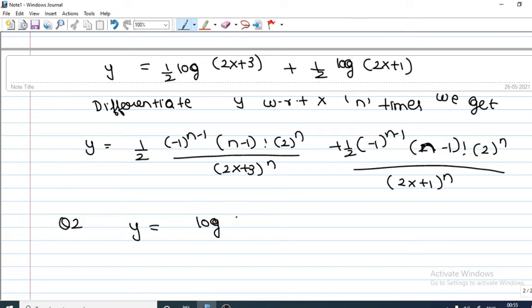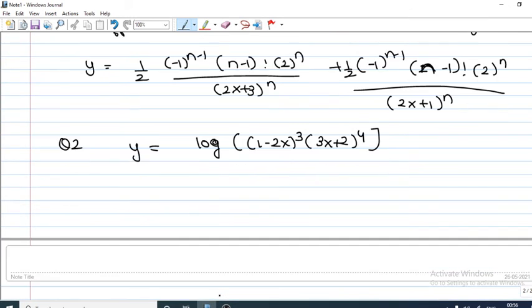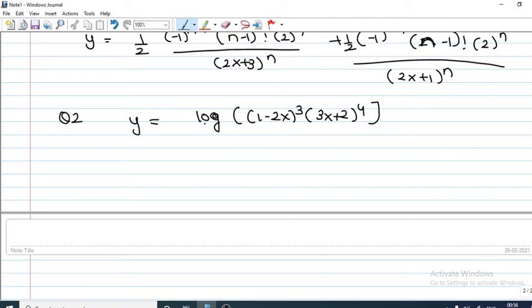If y equals log of 1 minus 2x the whole cube into 3x plus 2 the whole power 4. Now this question is just about whether you know the logarithmic properties or not. If you know them, this question is much easier compared to rational expressions. We can break it down into product format and then simplify.